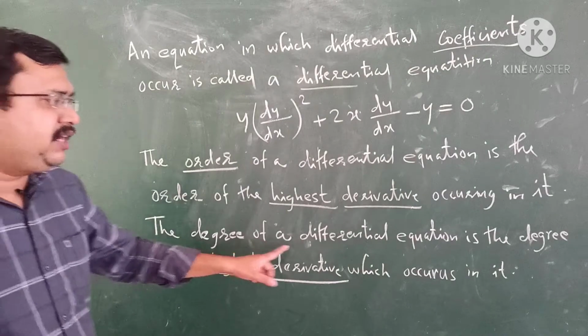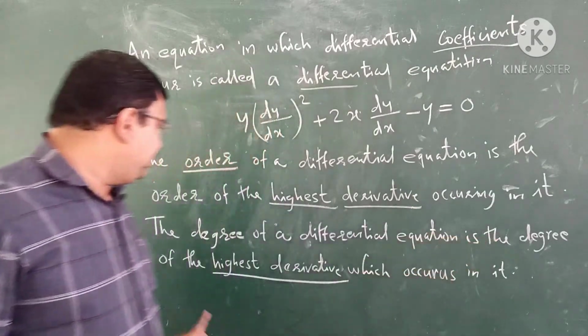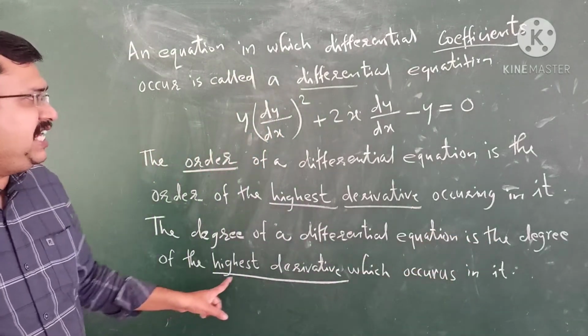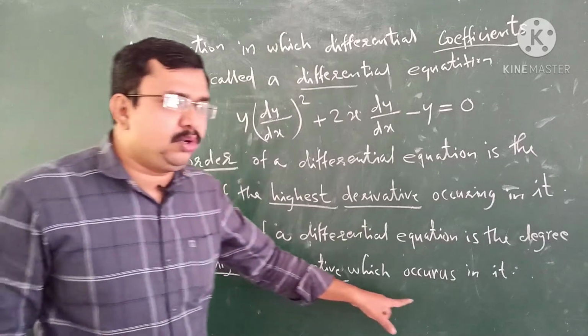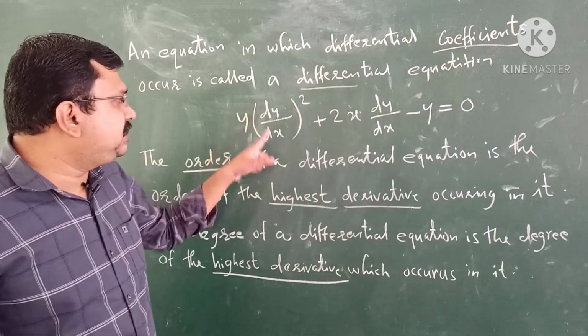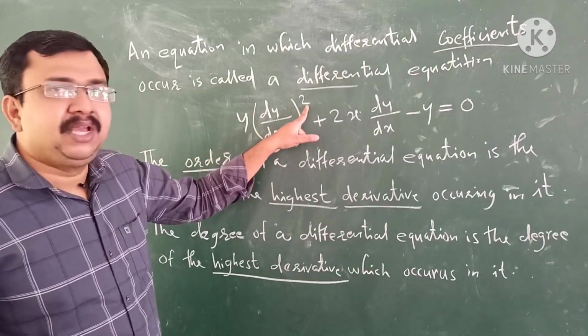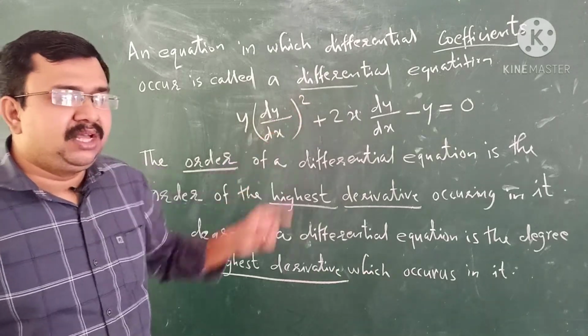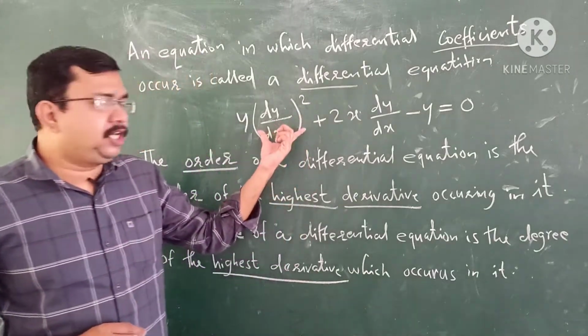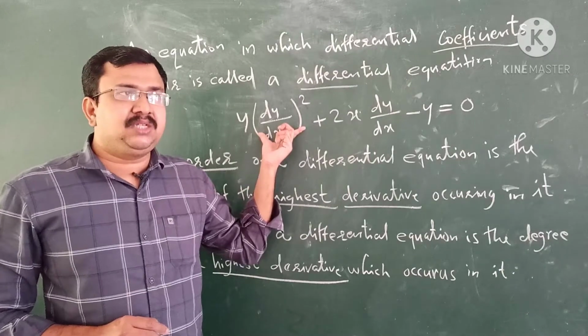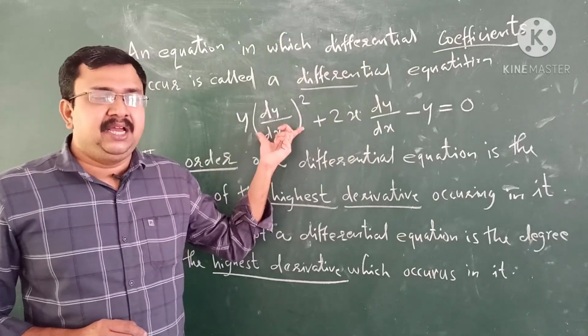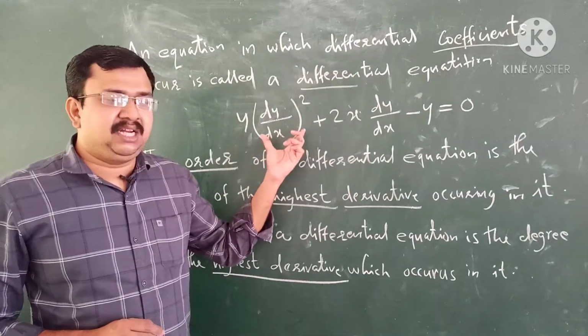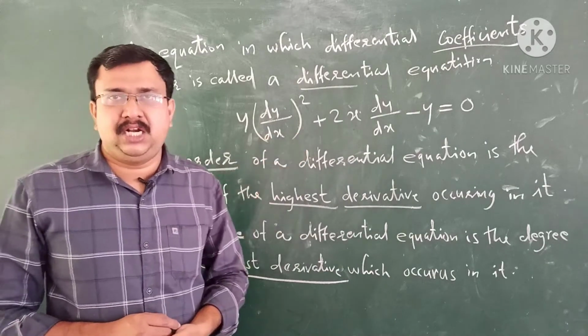The degree of a differential equation is the degree of the highest derivative which occurs in it. Here the degree of the highest derivative is 2. Therefore, in this equation the order is first and its degree is second. It is a second degree differential equation.